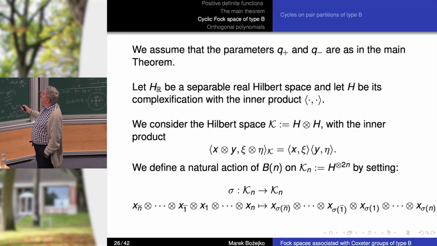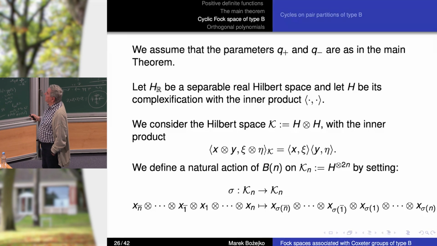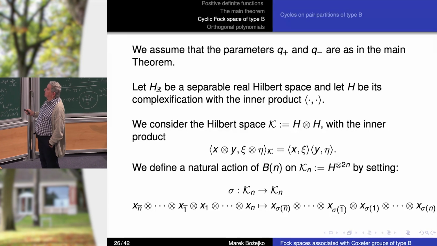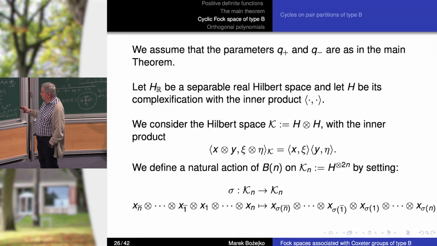On the tensors, of course, we have the trivial tensor scalar product, but we have a natural action of our group, the hyperoctahedral group, because we can identify vectors here as a sequence of tensors x1, ..., xn, and x minus 1, ..., x minus n, and we act the way groups act.